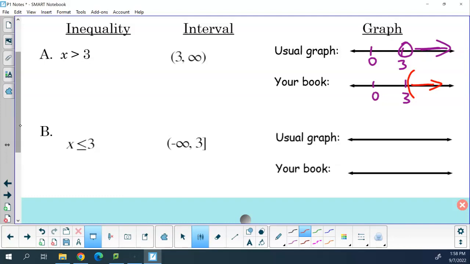Up here, we went from 3 to infinity, because 3 is smaller than infinity. So it's always, always, always small to big. So 0, 3, closed circle, less than. What's your book going to do? 0, 3, bracket, and to the left.